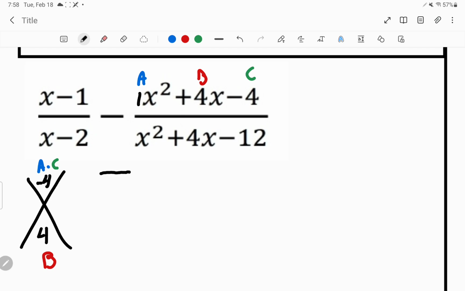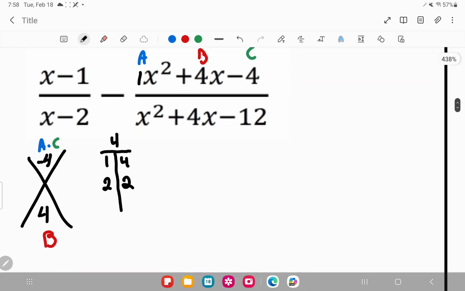Give me a second. Okay, so let's just do our two factors here. So 1 and 4 and 2 and 2. Now, this one's not going to be factorable for the next reasons. Okay, I need to have a negative 4, right? If I multiply. Now, that's understandable.